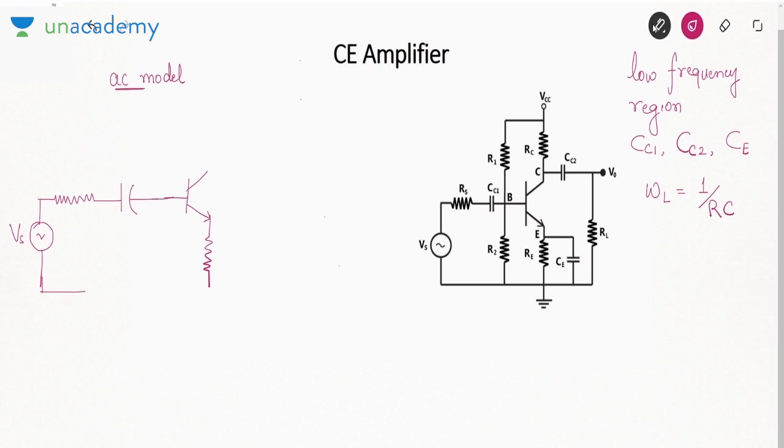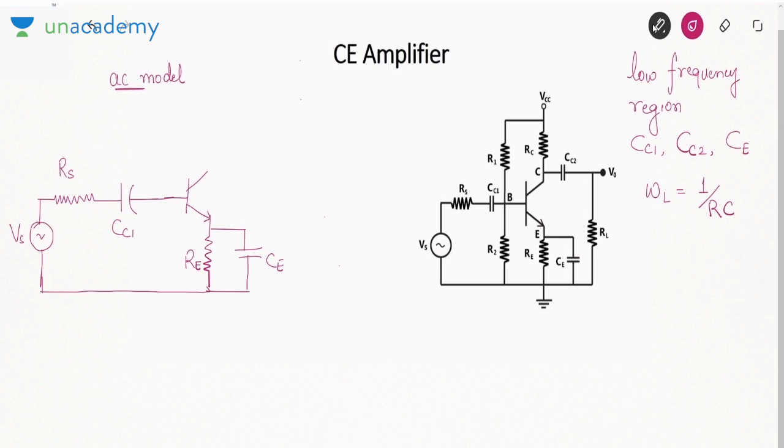Without mid frequency, no capacitor will be short circuited. Okay, so capacitors are only short circuited in the mid frequency region. Now we are talking about low frequency, so we have to consider the capacitance, we cannot ignore it.